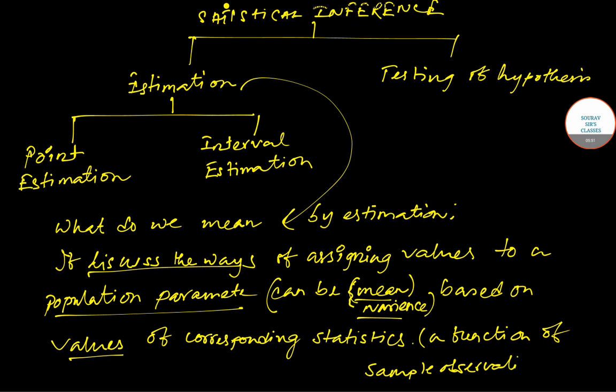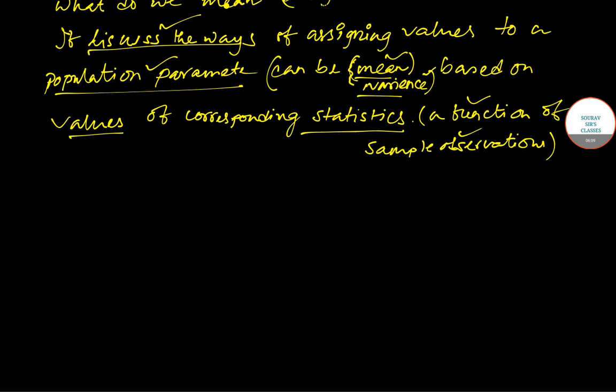So by estimation, what do we mean? We mean it discusses the ways of assigning values to a population parameter. The population parameter can be mean and variance based on values of corresponding statistics, and this can be a function of sample observations.